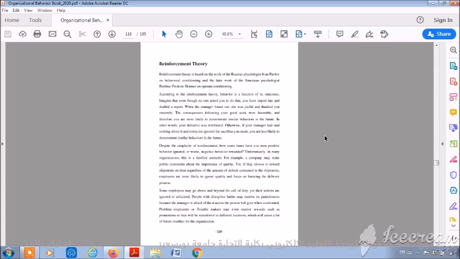According to the ERG theory, there are 3 groups of needs: existence, relatedness, and growth. And these needs are not hierarchically organized as assumed by Maslow.